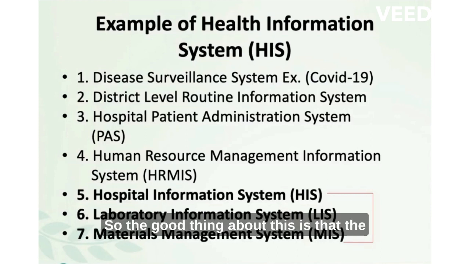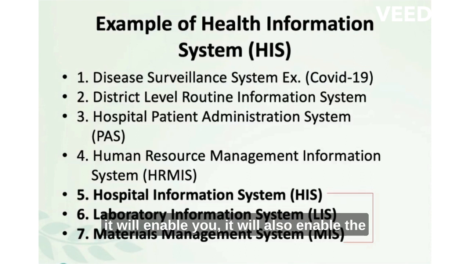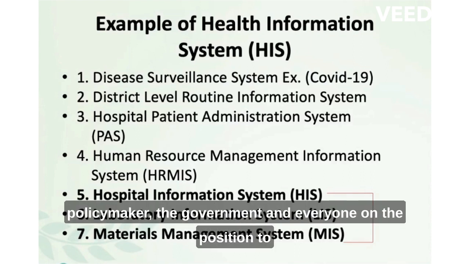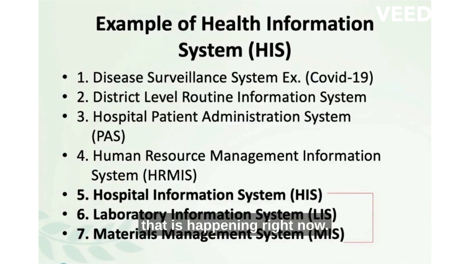The good thing about your disease surveillance system is that it will enable the policymaker, the government, and everyone in position to do better mitigations with regards to the pandemic that is happening right now.